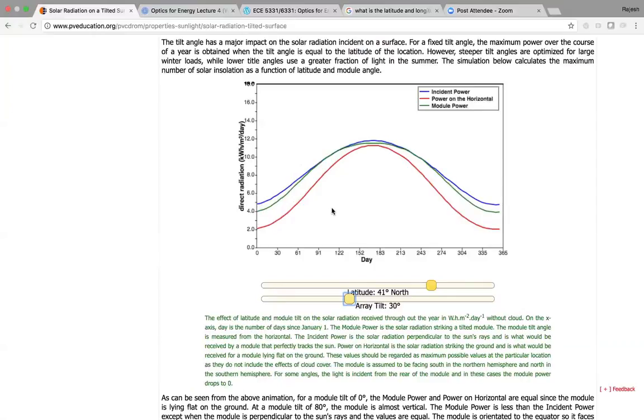But this is a good example of why we need to know the location of the sun relative to whatever collector you're using. Also, I should reiterate that this is important not only for solar panels, but also for anything that collects sunlight. So for daylighting or water pasteurization or desalination, whatever it is, this knowledge can help you improve the performance.